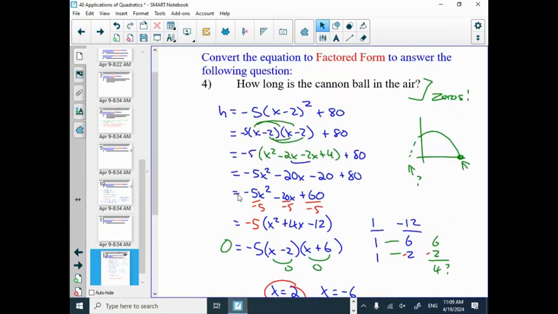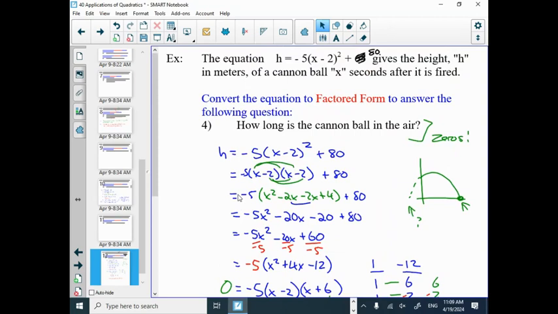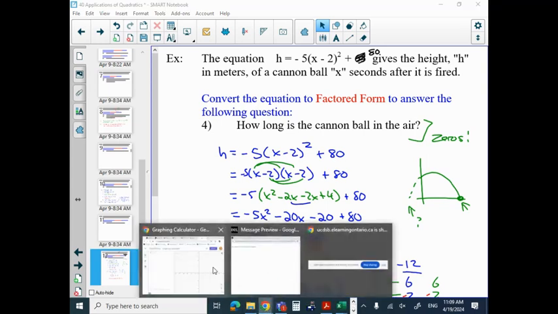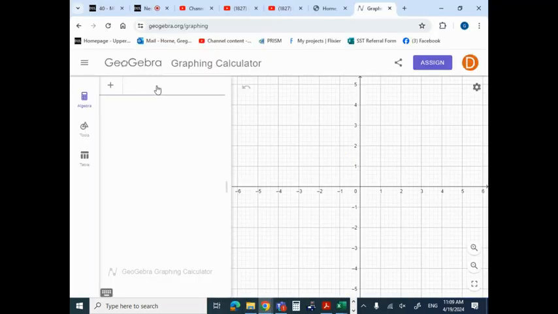Let's just go with the original equation, I guess, -5 times x minus 2 squared, and we said plus 80. I switched it to that.